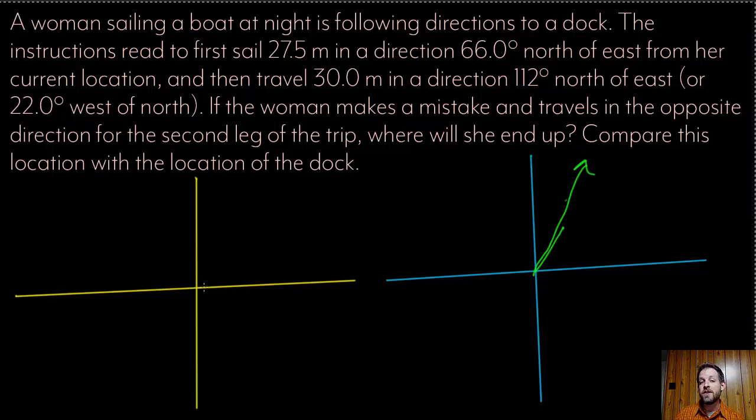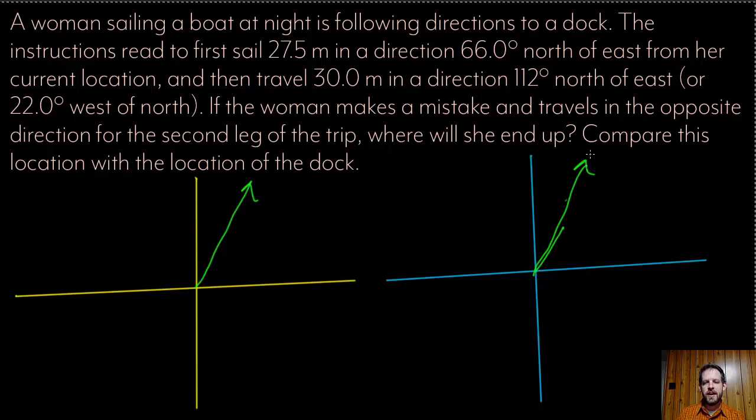This other one starts out the same way, so we'll do it in lime green, the same vector. Then she has her blonde moment, right? She's supposed to travel in this direction. I might be able to hide the text in a second so you can see it better, but hang with me.